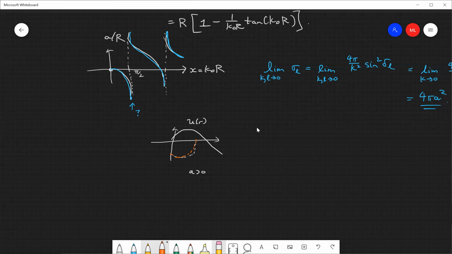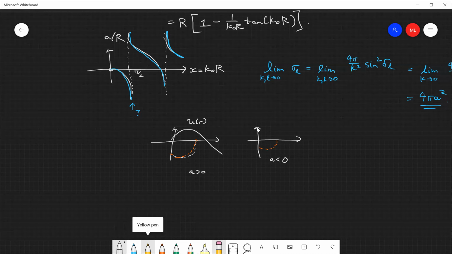Conversely, if your potential is too shallow for a bound state, make it more shallow here, and your scattering length is negative, then there is no bound state, but it's almost there.